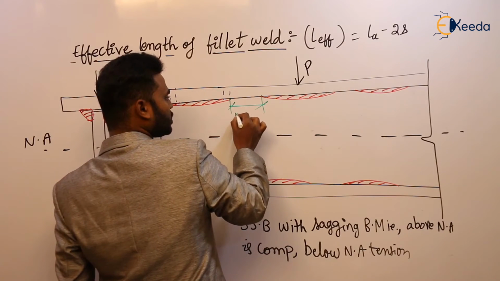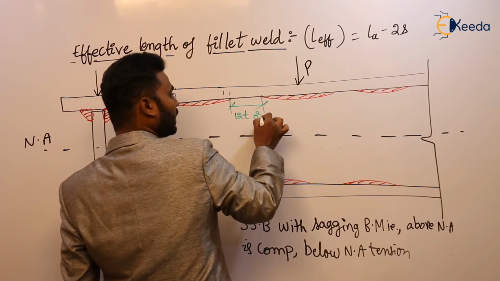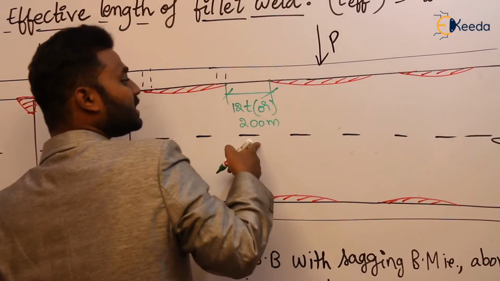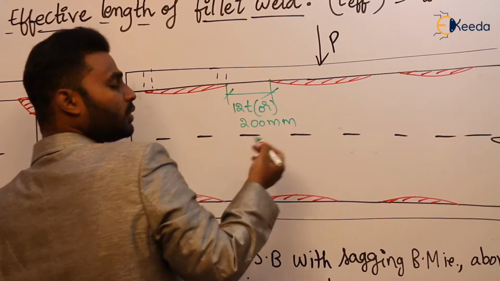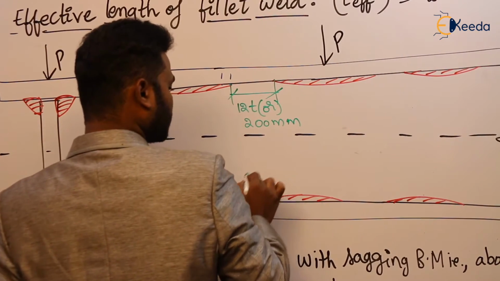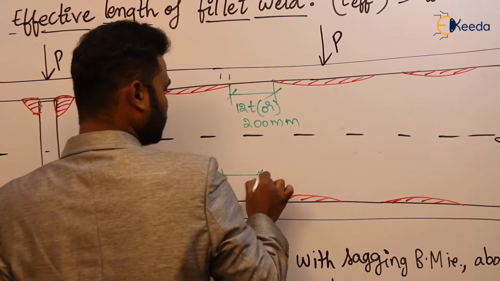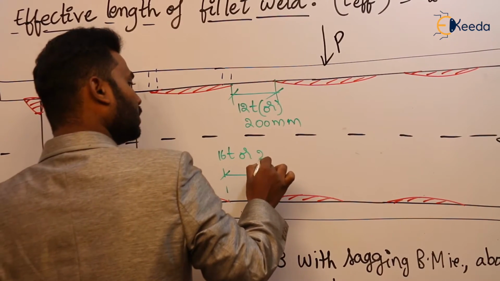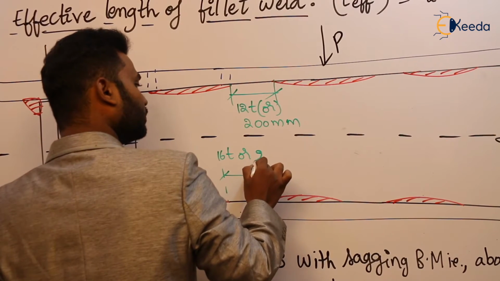Obviously here it is 12T or 200 mm, because it is compression. Whichever is less, we know that. Here it is tension, so how much is it? 16T or 200 mm.